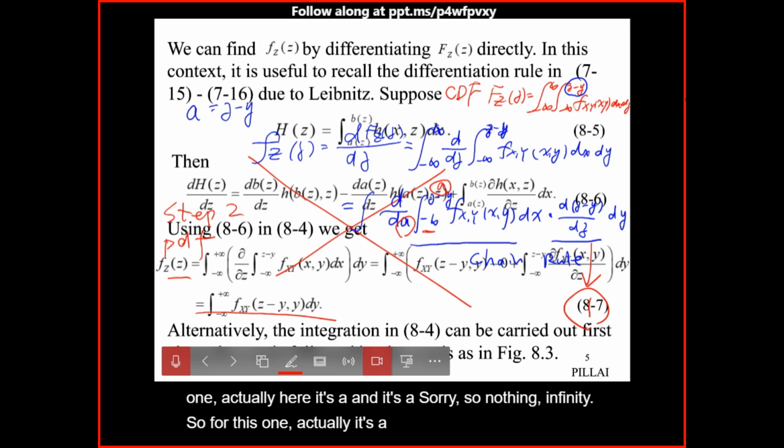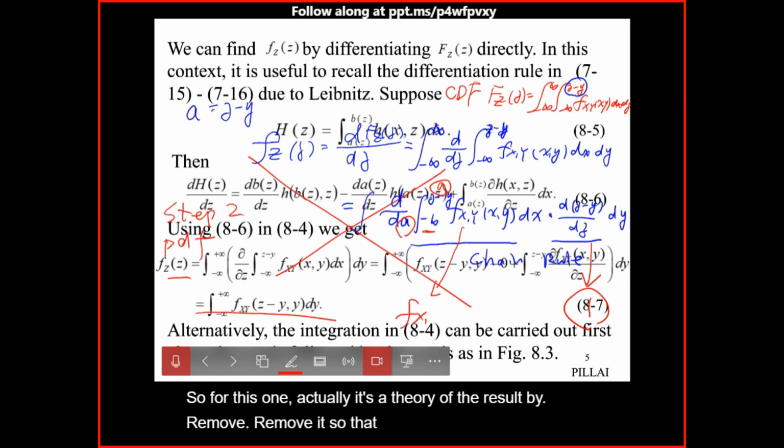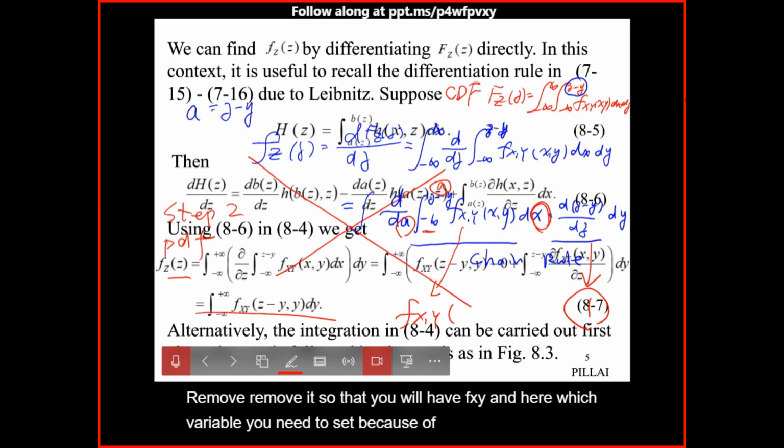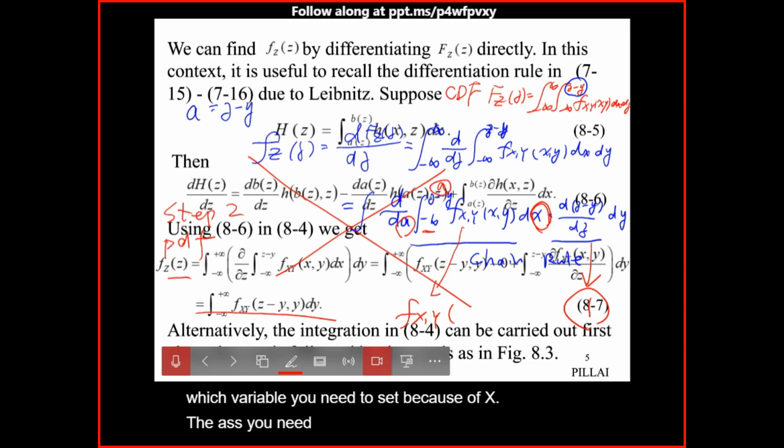You will have the result by removing it so that you will have f_XY, and here which variable you need to set, because of x, you need to put A here and y. As for the remaining, no need to change. If no need to change, then we have the result.